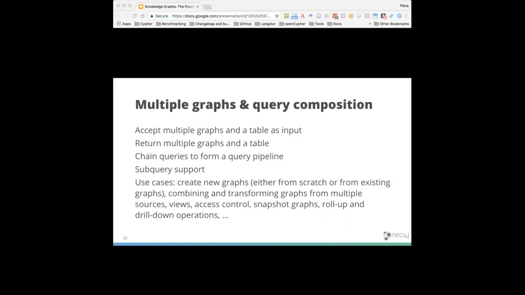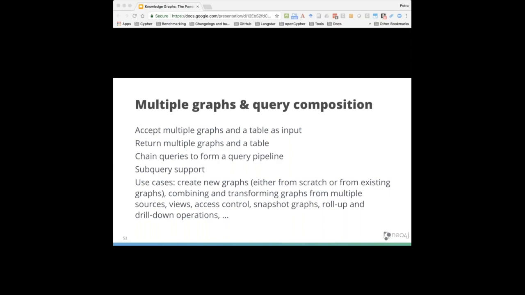The implication of having this is the following. We'd accept multiple graphs as well as a table as input. And you may be wondering, why on earth would we want a table as input? We've seen in many potential use cases and through conversations with customers, especially in the more complex sectors, that having an input table can be very useful as a driving mechanism for generating graphs.